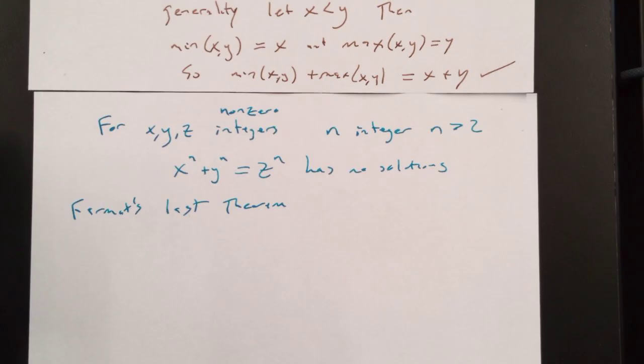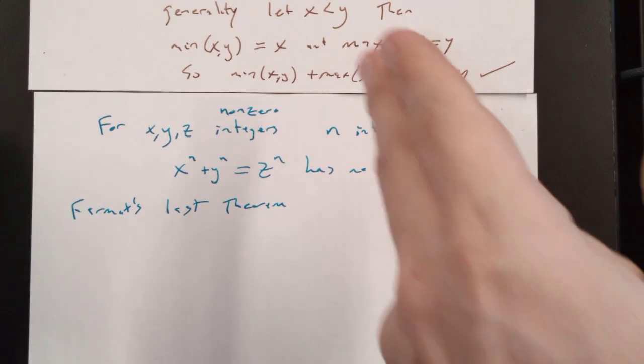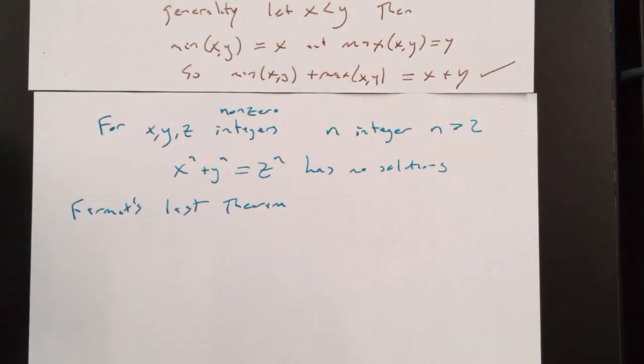All of the things I've been talking about are universally quantified statements. For all x, for all y, for all z. For x and y, any real numbers. What about existence proofs?